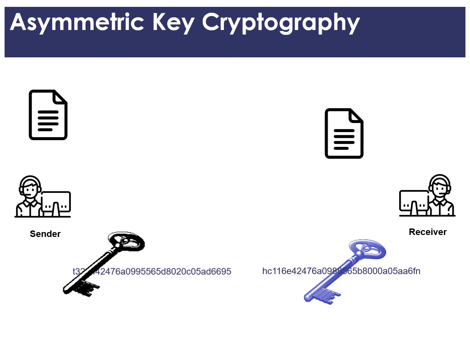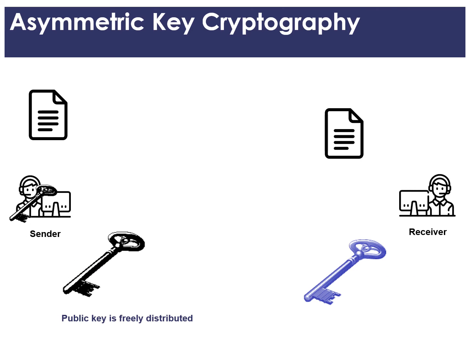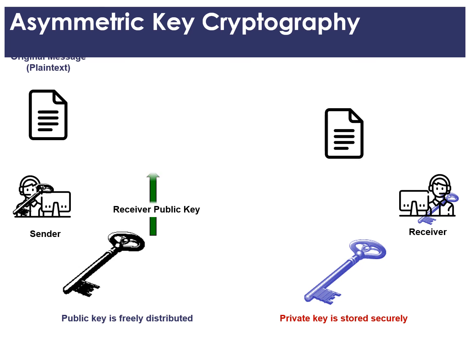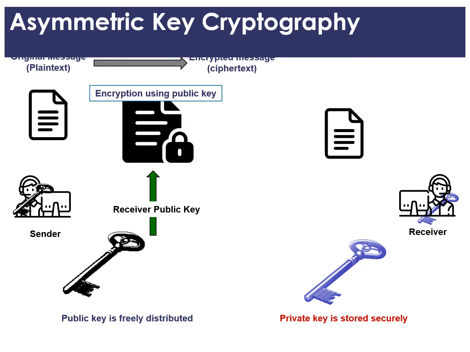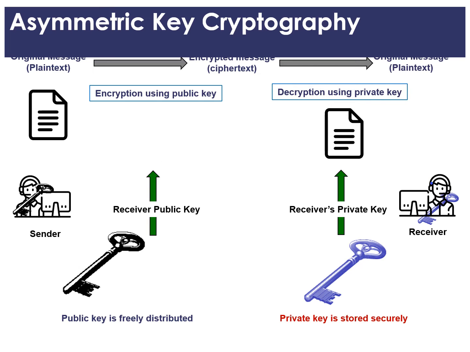In asymmetric cryptography, I use a public and a private key. The sender first needs to receive the receiver's public key. Since everybody can see the public key, the receiver can send it over the network in a clear format without any concerns. Once the sender has received the public key, he or she encrypts the message using the receiver's public key and sends it to the receiver.